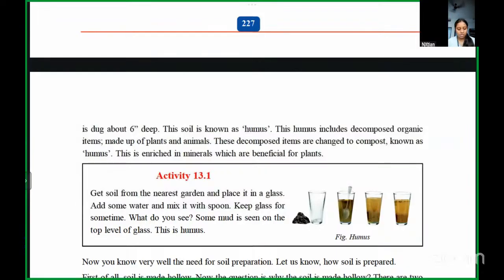What is compost? Compost is humus, which is a natural type of fertilizer for the soil. So when we are planting the crops, we mix this humus nicely in the soil and then we plant the crops. This provides nutrients to the soil and distributes it evenly.